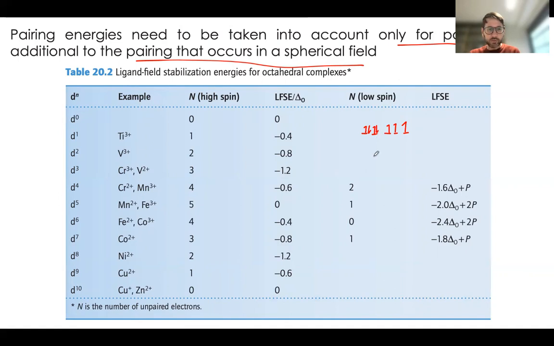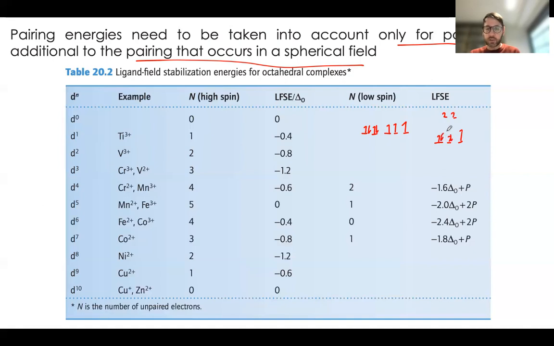So we have two electrons that are paired already in the spherical field. So when we go to the octahedral field, and then we fill 1, 2, 3, 4, 5, 6, 7.